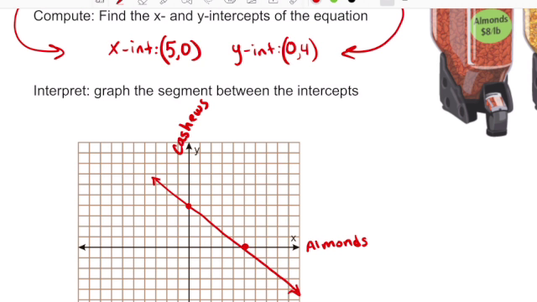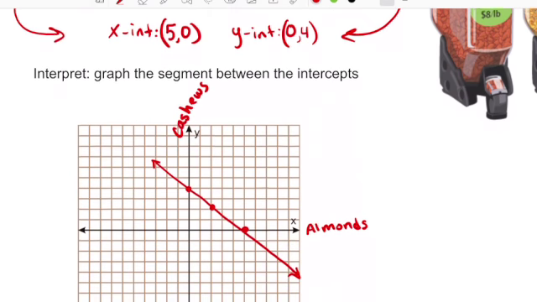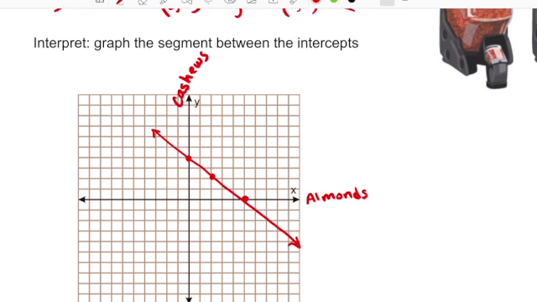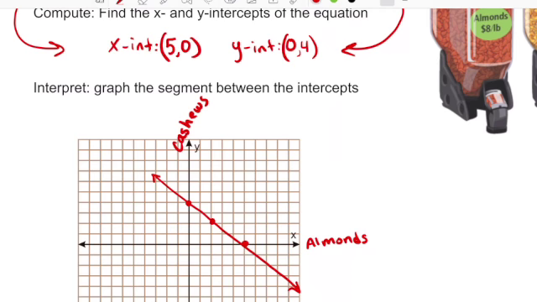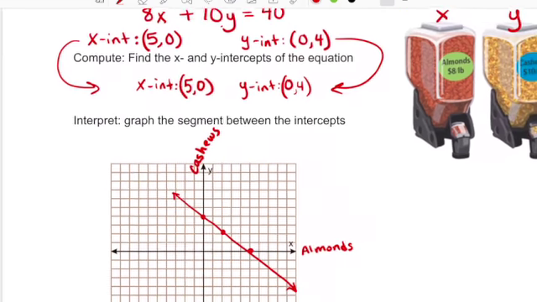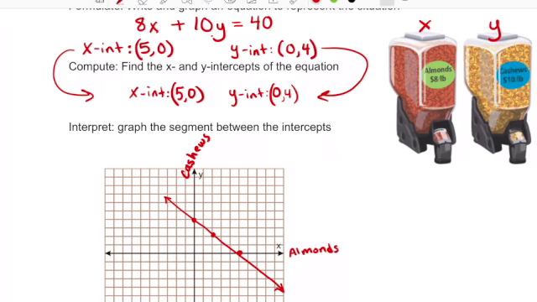So I'm looking here and it kind of looks like 2, 2. I don't know if that's actually a real point on here. But if I go back to my standard form, 8x plus 10y equals 40, let's just guess 2. So she would buy 2 pounds of almonds.